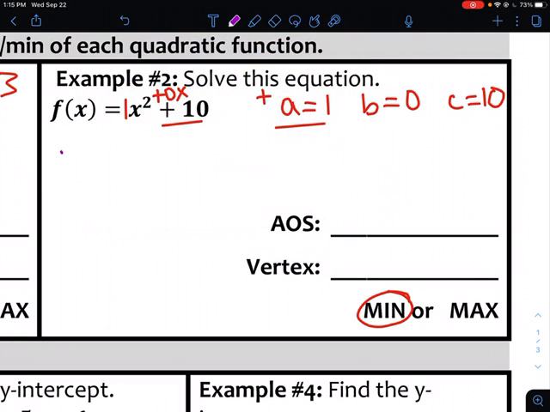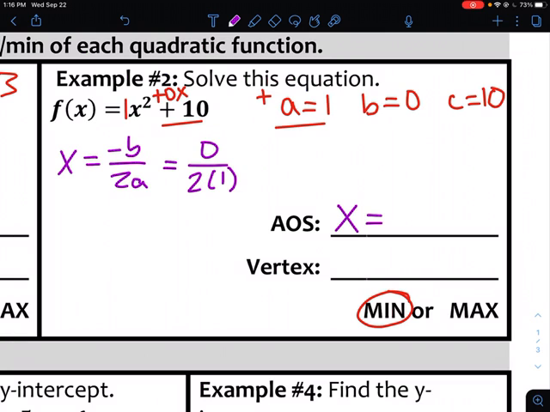And then we'll go ahead and take our axis of symmetry formula, negative b over 2a. My b here is 0, so negative 0 is not really a thing. We're still looking at 0 over 2 times 1. Well, if you divide 0, you'll always get 0. So our axis of symmetry here is 0.